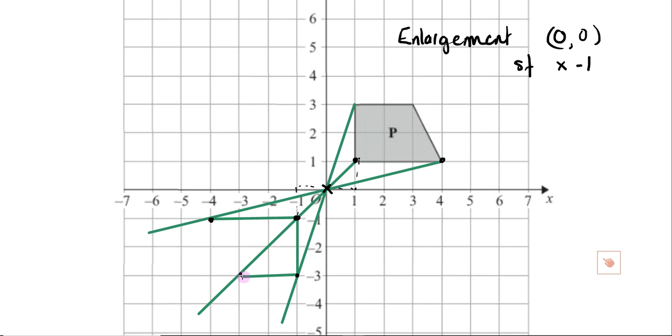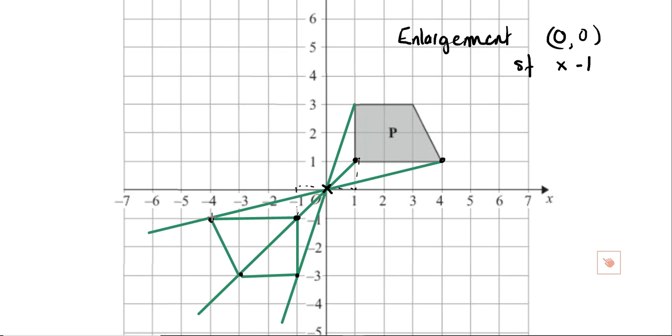Now, you'll then notice that the shape is the same size because it's 1, but it's -1, which has looked like it has rotated it. Now, in this case, a scale factor of -1 is the same as a rotation, right?